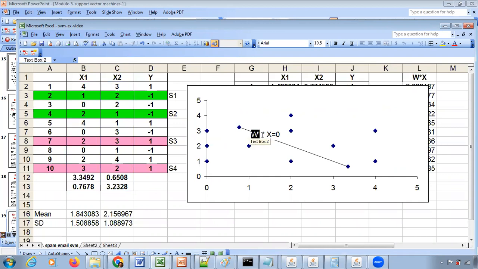But what is that W prime? We don't know that yet. But we got a clue. We got these 2 points that go through this line, because we're basically joining these 2 points to get the decision boundary.